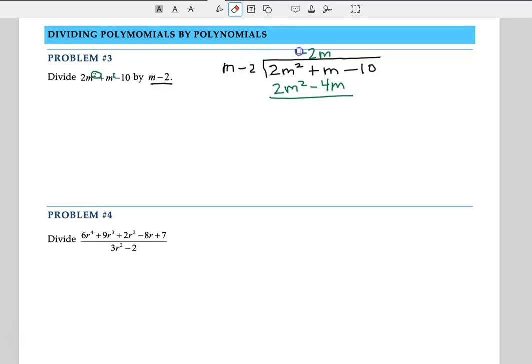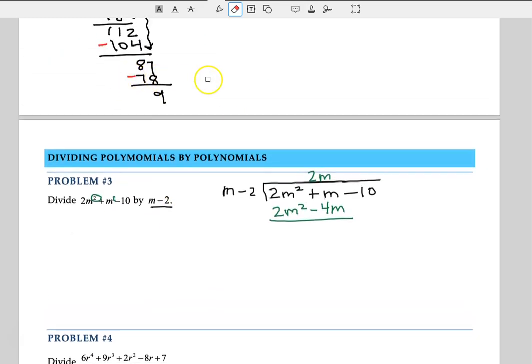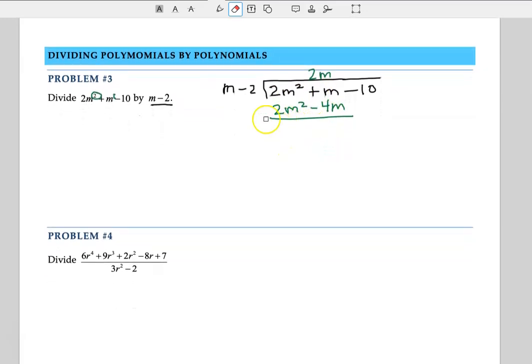Okay, so now this would be the point in which we were trying to do some subtraction before, right? But we're subtracting two terms this time. It's not just one term. And so we got to be really careful on this. So instead of just thinking subtraction on this, I want you to think change signs. So of what we just found here, this is a positive 2m squared.